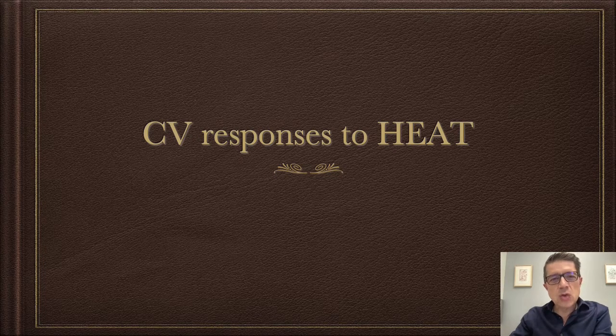Just to remind you, stroke volume is the amount of blood that goes through the aorta and through the entire body after each heartbeat. So when the heart contracts, the amount of blood that goes to the body is called stroke volume. And cardiac output is the total amount of blood that goes through the heart per minute.